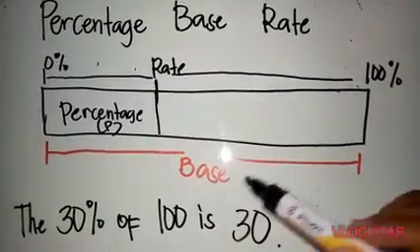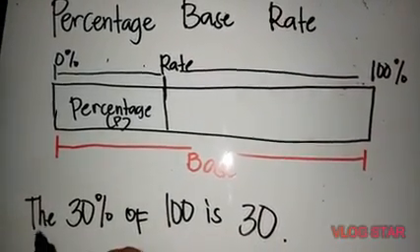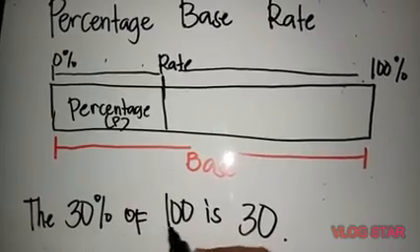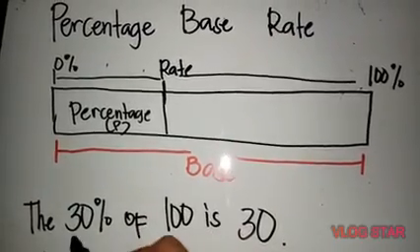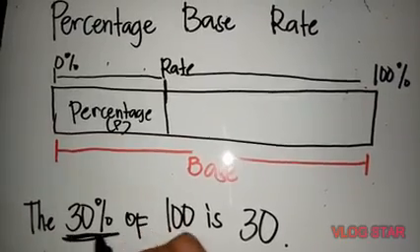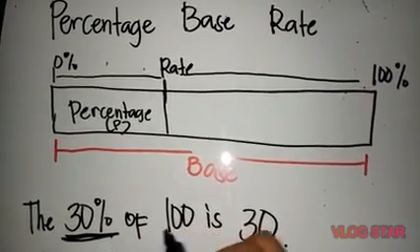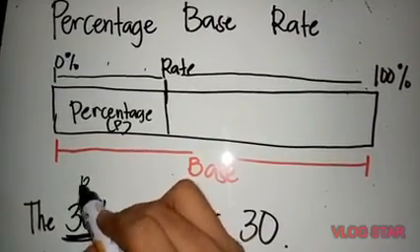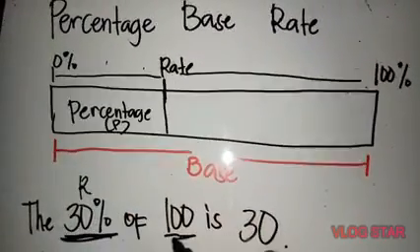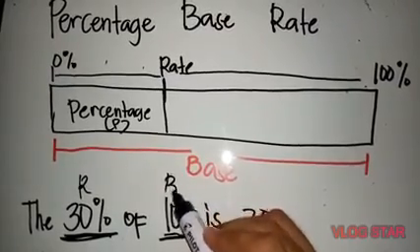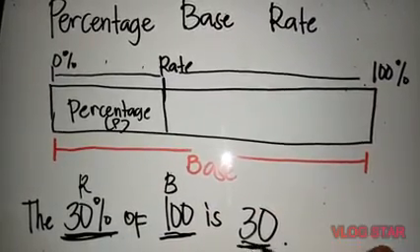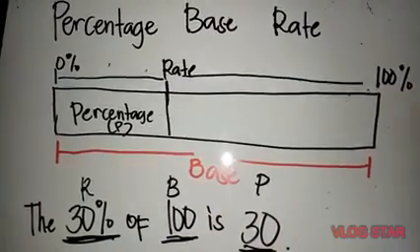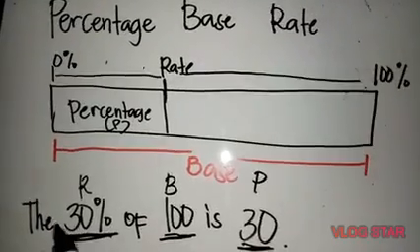Since the percentage is a part of the whole. For example, this one, the 30% of 100 is 30. So the 30% here is the rate, 100 is the base, and 30 is the percentage. I will repeat.